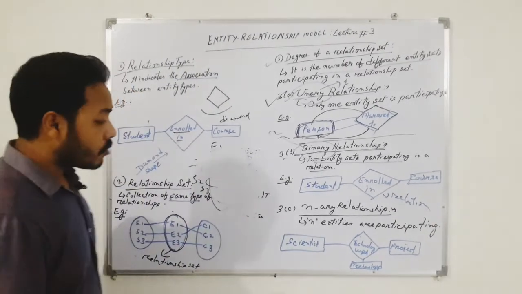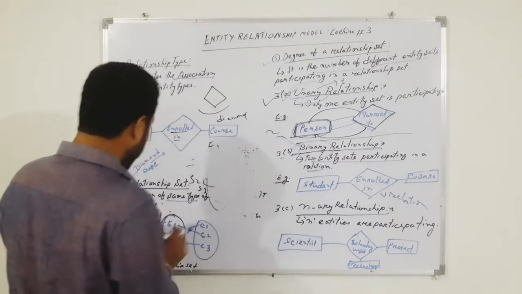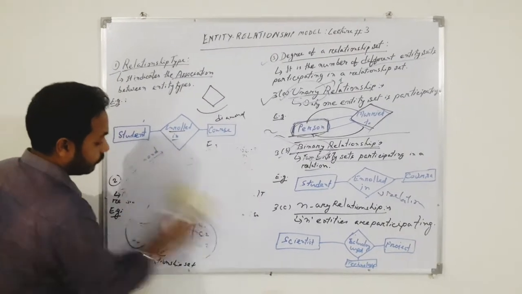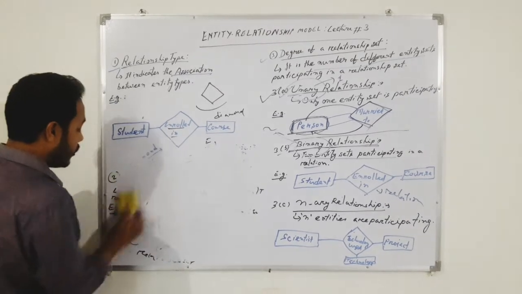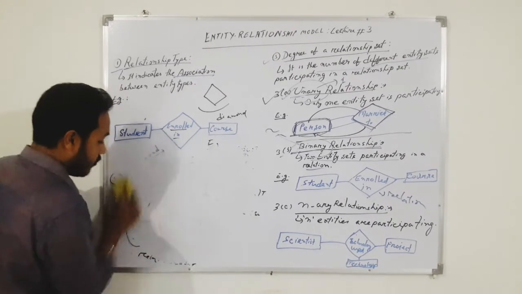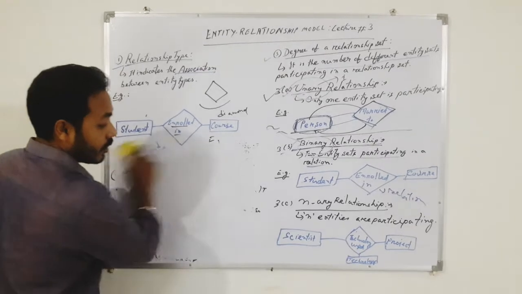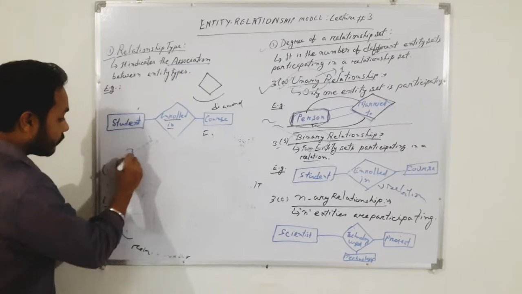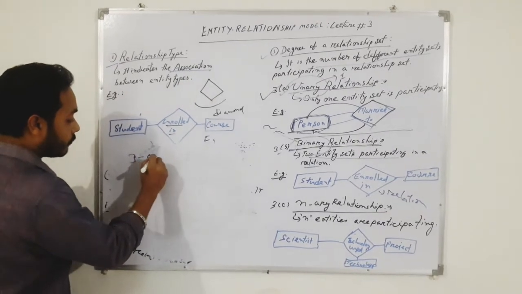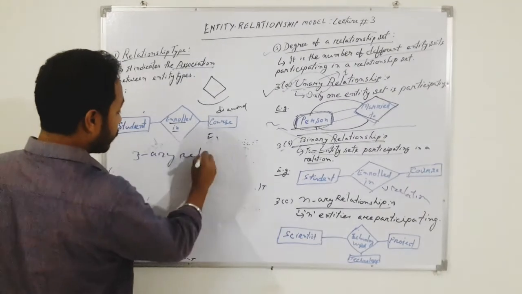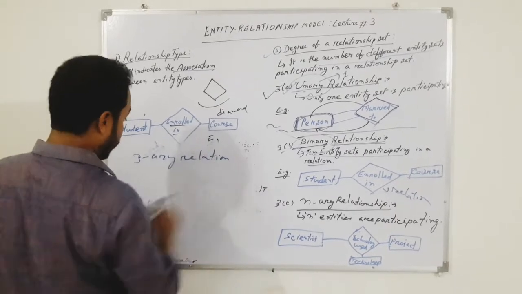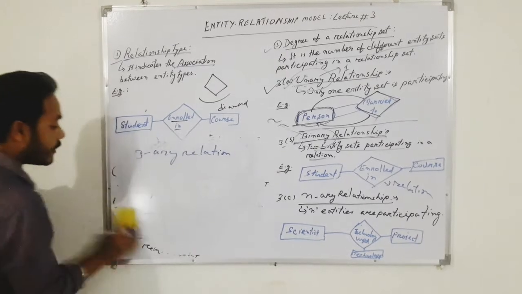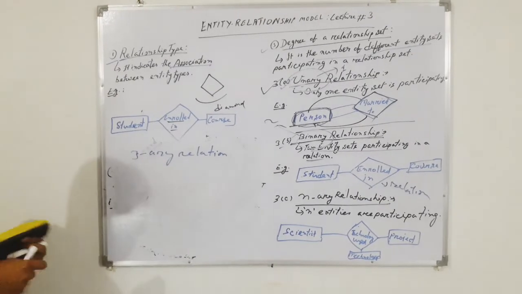Suppose I am considering an example for a 3-ary relationship. So 3-ary relation means, can you tell me what it means?